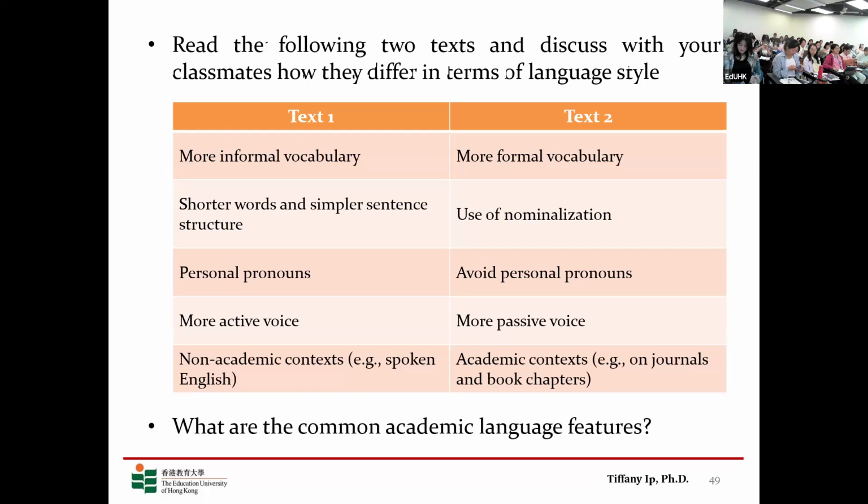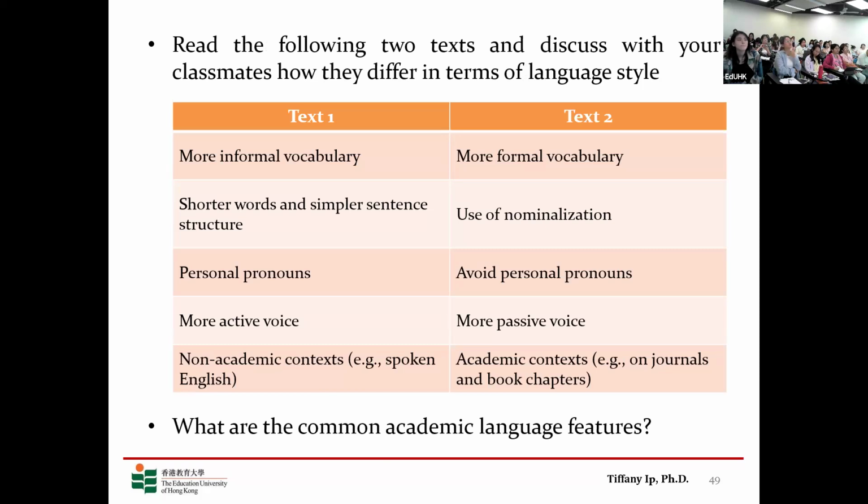And then the second difference, shorter words and simpler sentence structure versus use of nominalization. So this is a very big word. Nominalization here means nouns or noun forms, noun phrases, right? Formal writing always likes to use nouns to show something in a more professional sense, although it's not a must. Then some of you already mentioned first person versus third person.